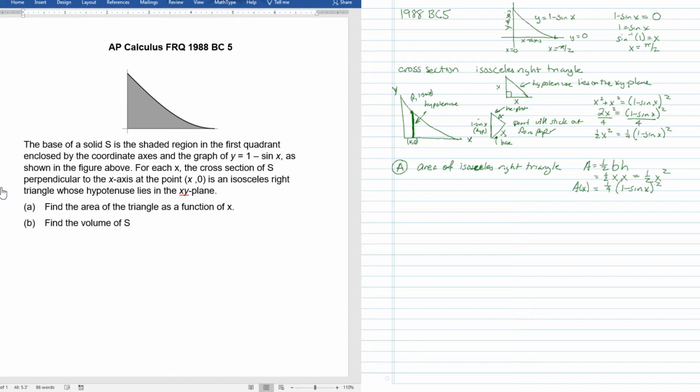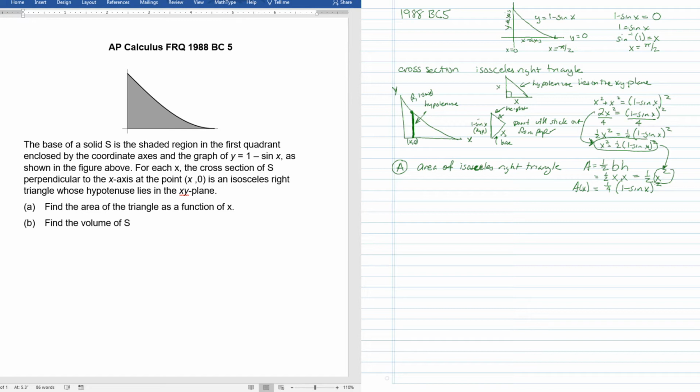Now that may have been too big of a jump, so let's go back and take this original line one step at a time. If I had simply divided both sides by 2 instead of 4, I could have said x squared equals 1/2 times 1 minus sine of x quantity squared, and then I could substitute that into that spot right here, and I would still be able to show that 1/2 times 1/2 is going to equal 1/4 down here on the bottom.